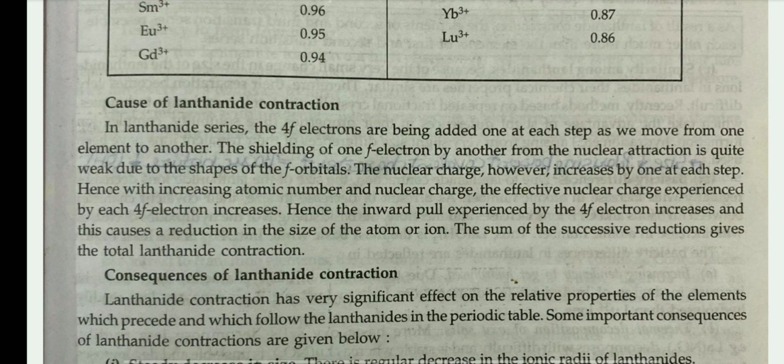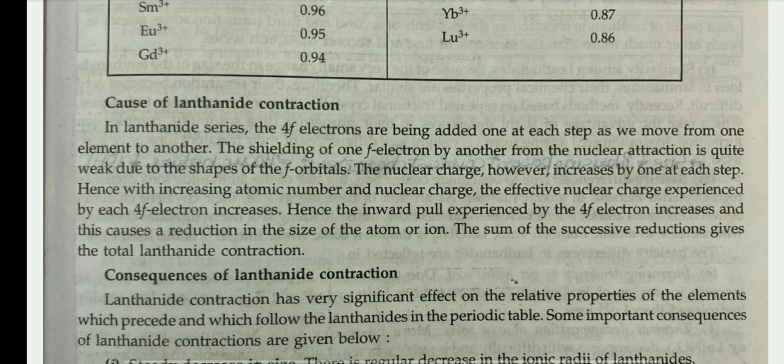Hence, with increasing atomic number and nuclear charge, the effective nuclear charge experienced by each 4f electron increases. Hence, the inward pull experienced by the 4f electron increases, and this causes a reduction in the size of the atom or ion. The sum of the successive reductions gives the total lanthanoid contraction.